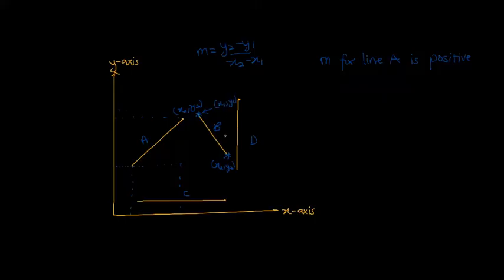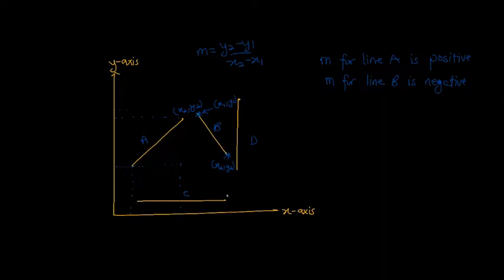For line B, x2 and y2 are smaller than x1 and y1, which means the gradient will be negative. So the gradient for line B is negative, since the line is going downhill. Whenever you see a line like this and you have to calculate the gradient, be expecting that your gradient is going to be negative.